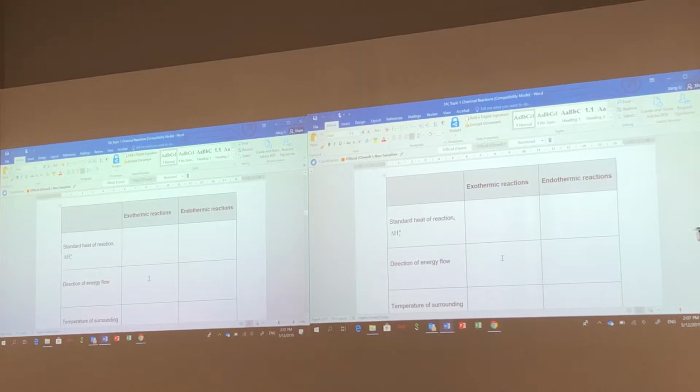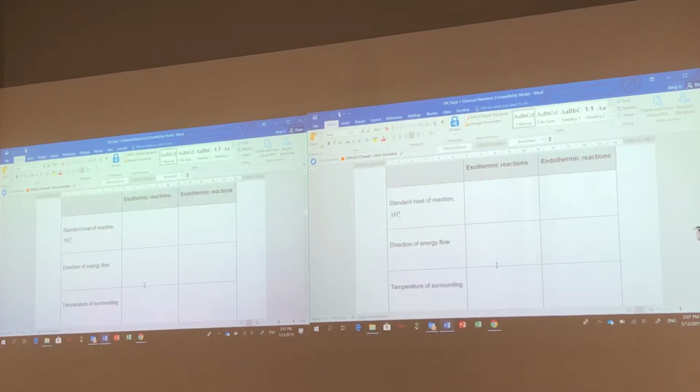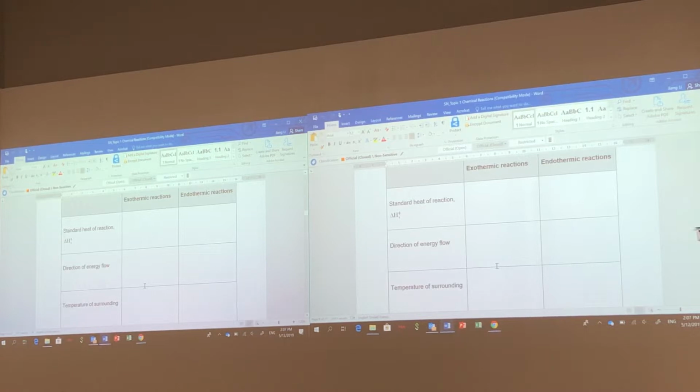Directions of energy flow. Okay, I want you all to answer this. Temperature of surrounding for this two. Which one will increase? Which one will decrease? Exothermic increase. Exothermic. You did it in your practical one, right? You remember you have this reaction will release heat.